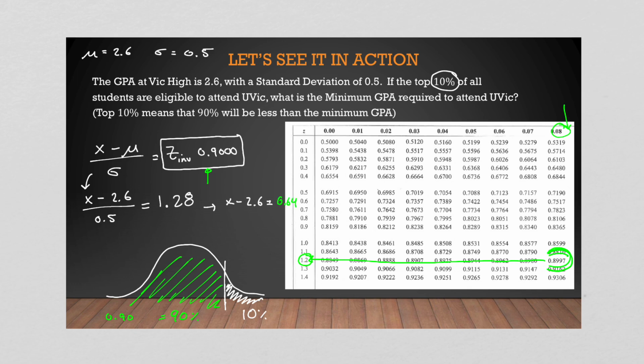Then we add 2.6 to both sides, and we get x equals 3.24. So you need to have a minimum GPA of 3.24 in order to go to UVic in this lovely hypothetical scenario. But when in doubt, write a really good introductory letter and volunteer and just be a good human being with pretty solid grades, and I think you'll be okay.